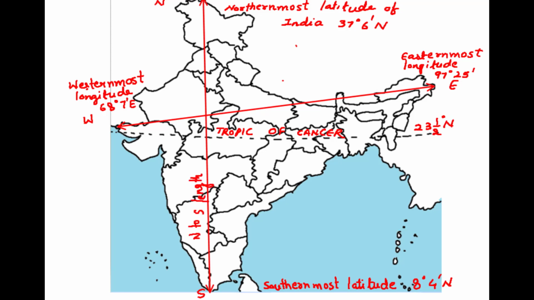The north to south length of India is 3,214 kilometers. Similarly, the east to west extent, or we can say the width, is 2,933 kilometers.